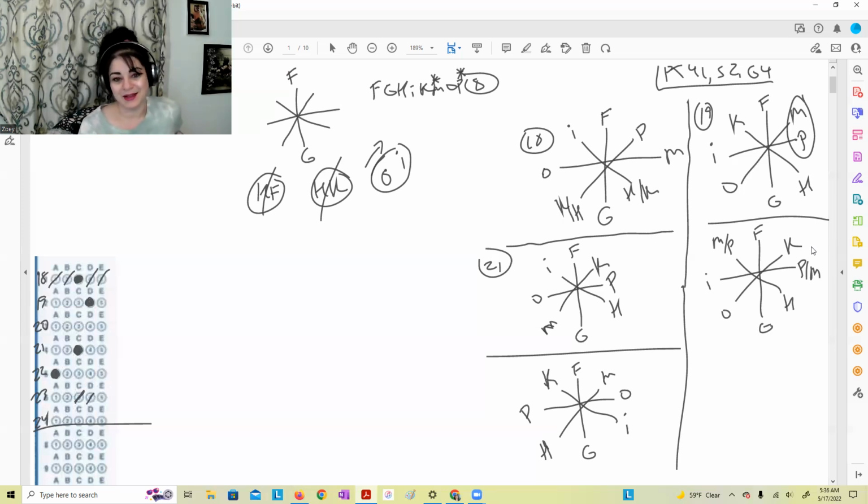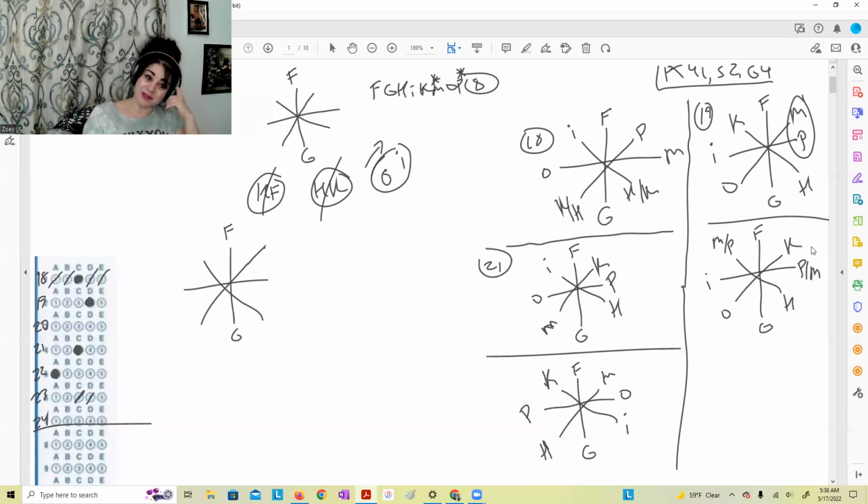Now what? Why am I avoiding doing this? Let's just figure this out. So we have FG. As I'm seeing it, when we have K attached to I that way, like K is right across from I, O is also coming with it. Because for instance, if we had K and then I, O would have to be right there.